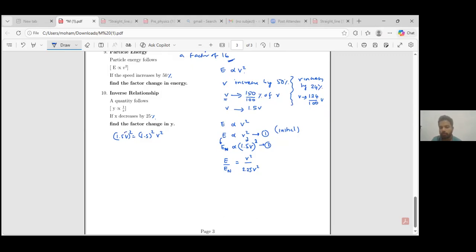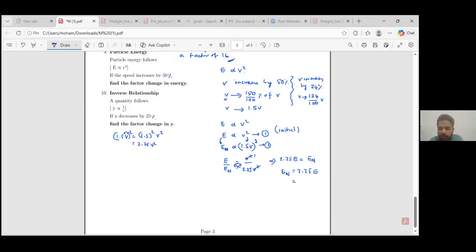So I have to square both of these. 1.5 squared is 2.25. So V squared cancels off. I can take En to the other side. So cross multiply: 2.25 to this side, En to the other side. Here we just have 1. So 2.25 E equals En. So new E is 2.25 times E.